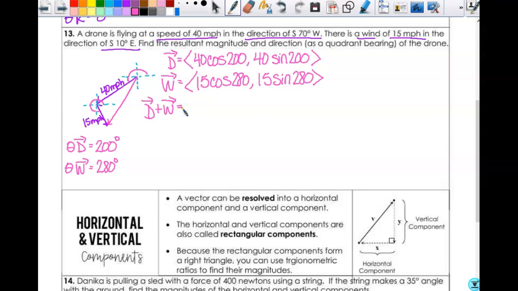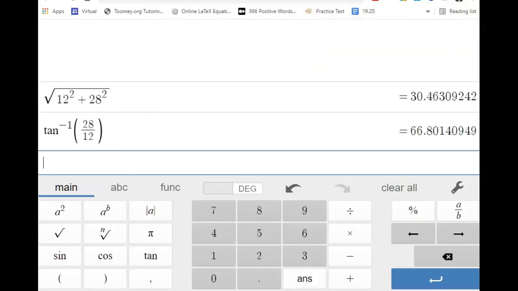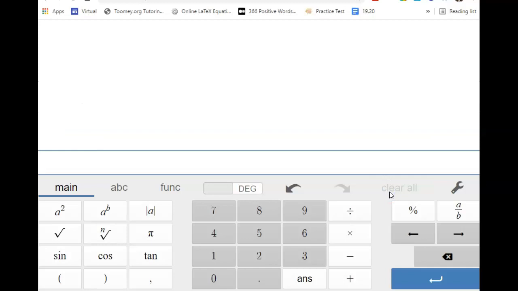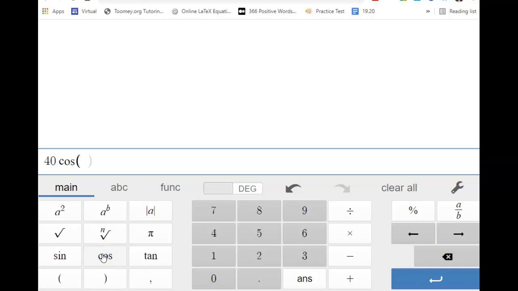Going to need my calculator for this. So I'm going to clear all this mess off. I'm going to get my x component first, so that's going to be 40 times the cosine of 200. I'm sorry, I said plus again. 40 times the cosine of 200. I did it right, I'm just not sure what came out of my mouth. And then I'm going to add to that 15 times the cosine of 280.